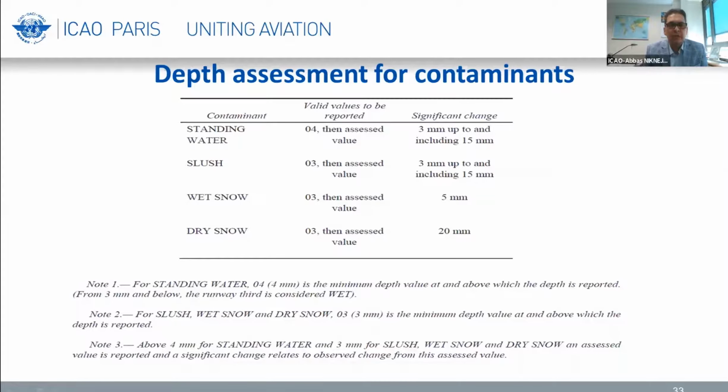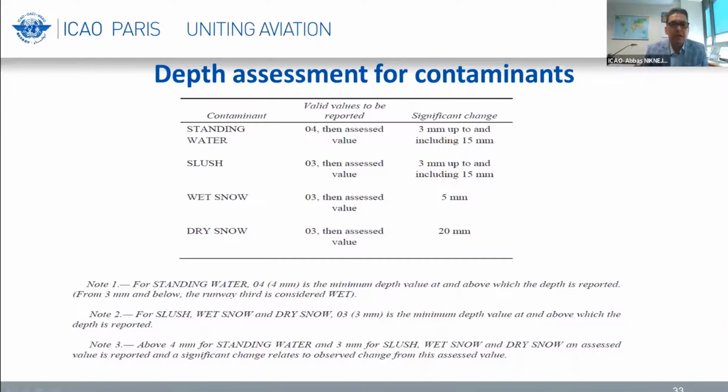But if water on the runway is 4 millimeters or more, you will put it for standing water. So it would be minimum 4, and then above 4, as assessed and reported through RCR, would be included in the Snowtam. For a slush, wet snow, dry snow, if it's less than 3 millimeters, it's not reported, you will put NR.